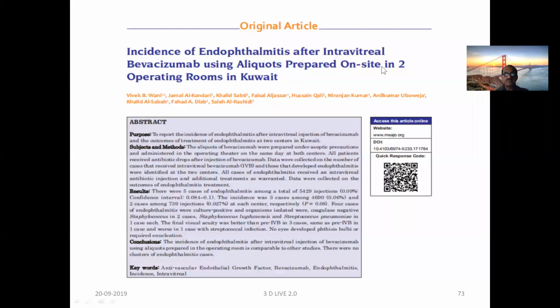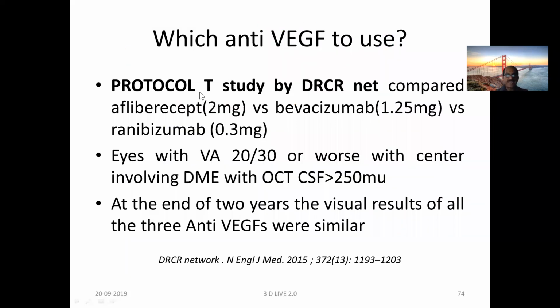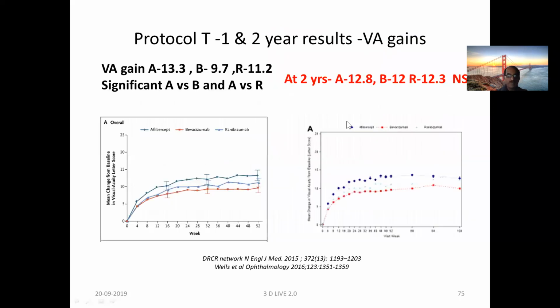Now, which anti-VEGF to use? There is a randomized controlled study to tell which is better. They used aflibercept, bevacizumab and ranibizumab in 3 groups of patients, and the criteria were the same: 20/30 or worse vision and central subfoveal thickness of 250 micron or more in center involving edema. At the end of 2 years, they declared that the results were similar. But at the end of the first year, aflibercept was better; you can see aflibercept gained 13.3 letters compared to bevacizumab and ranibizumab, which gained less.